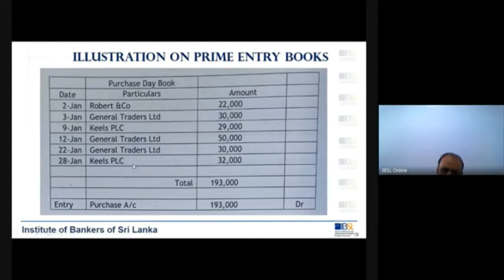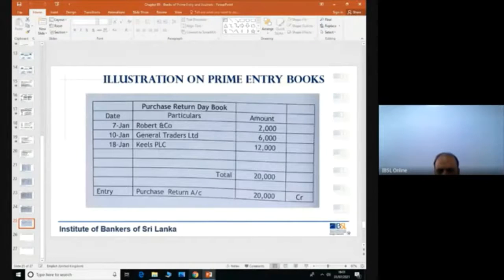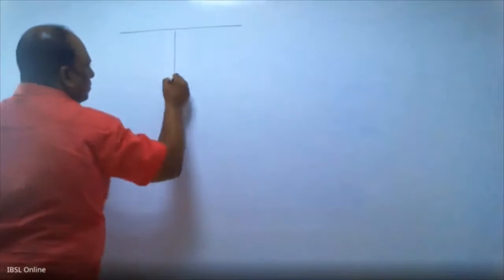So now your creditors amount will come down by 193 less 20,000. This you have to remember, right? Let me show you on the board so that you will have an idea. Now we are looking at the T accounts.